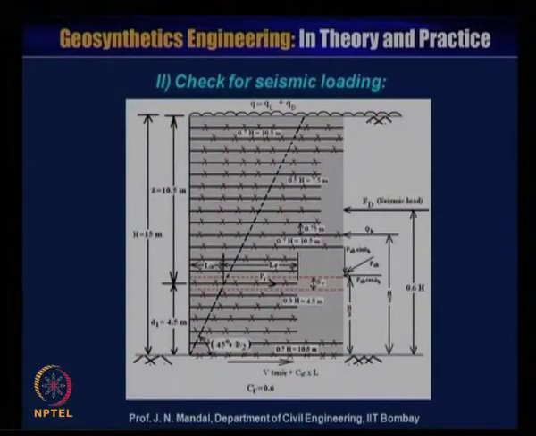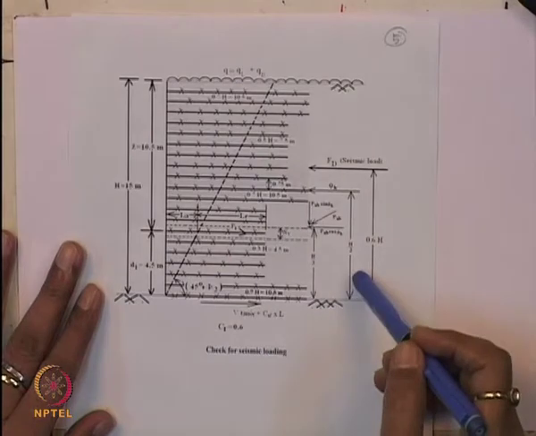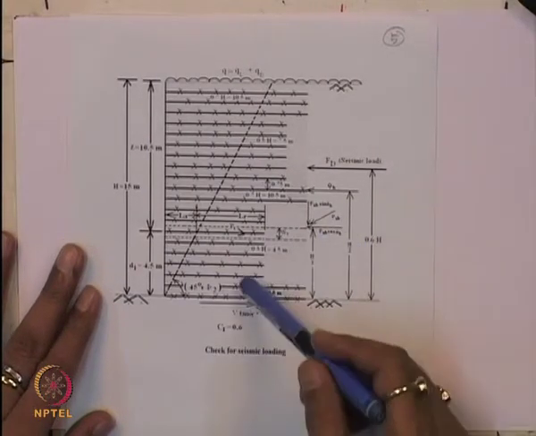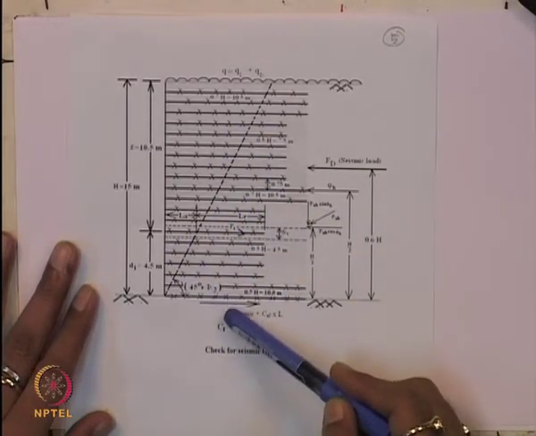Now, I will focus on the stability problem, where we check for seismic stability. Under seismic loading condition, what will happen to this reinforced soil wall? You can see here, this is the same wall, 15 meter height, with varying length of the reinforcement.